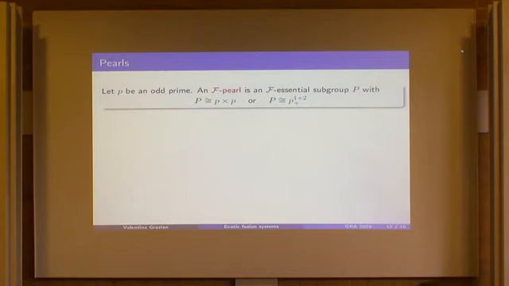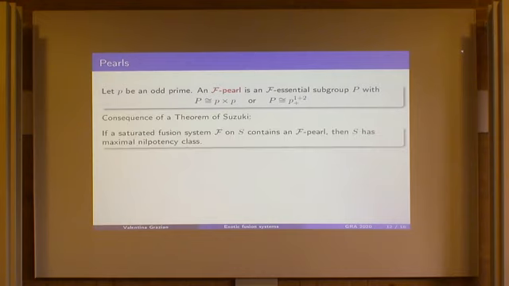Maybe it's not really about maximal class p groups, it's this SL2(p) acting on a non-normal subgroup that makes things weird for a group. And then actually, a consequence of a theorem of Suzuki is that whenever we have a pair, we are in a maximal class p group. So maybe that's it. Maybe the fact is not about the class of maximal class p groups, but it's because they are induced by pairs.